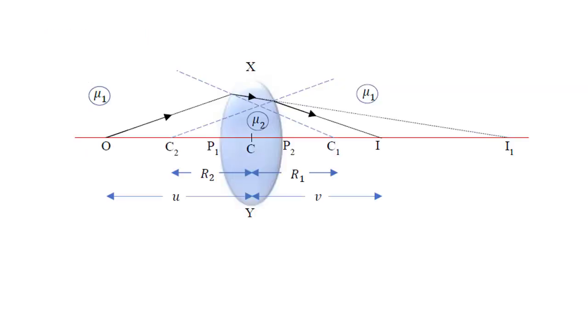It means CO is equal to P1O and CI is equal to P2I. Since P1, C and P2 are very close to each other, we can consider these three points as one point, as coinciding.